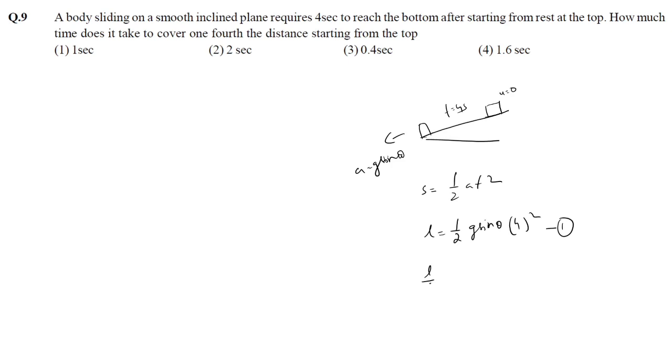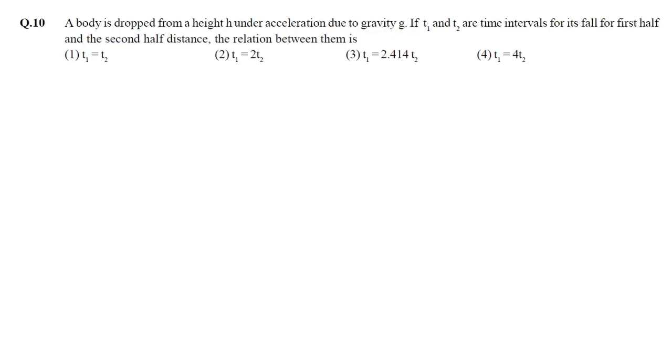And next, for 1/4 of the distance they are asking, L by 4 is half g sine theta into t square. This is the second equation. If you simplify these two equations, the g sine theta and 1/2 will get cancelled, and the t value will be 2 seconds. So to cover 1/4 of the distance, it will take 2 seconds.